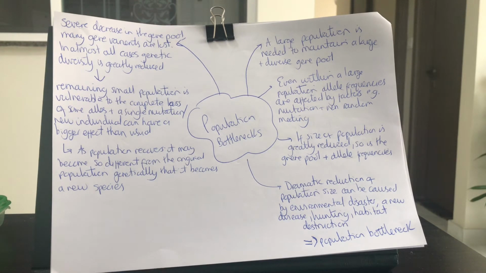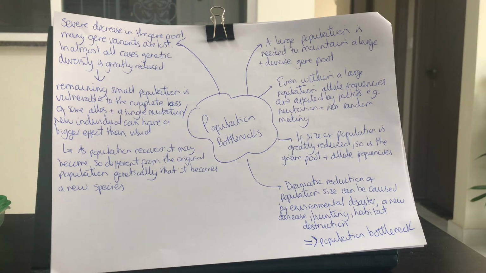It's worth noting that even within a large population, your allele frequencies can be affected by factors such as mutation and non-random mating. Again, these are things that we spoke about last lesson, looking at our Hardy-Weinberg equilibrium equation. So you need those large populations to maintain a large and diverse gene pool and avoid reducing your allele frequencies.